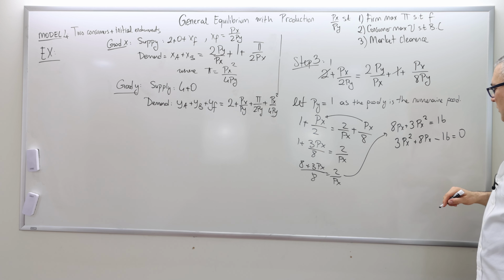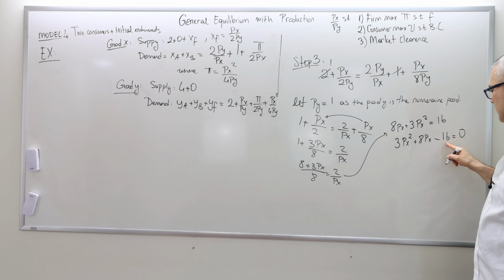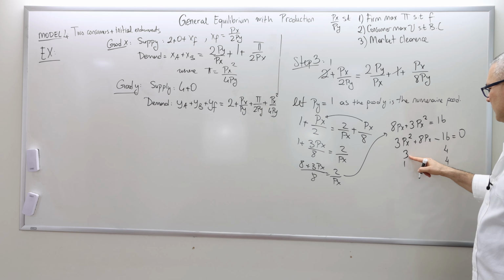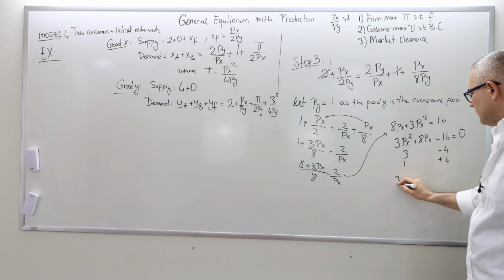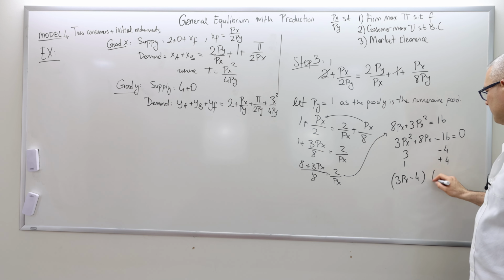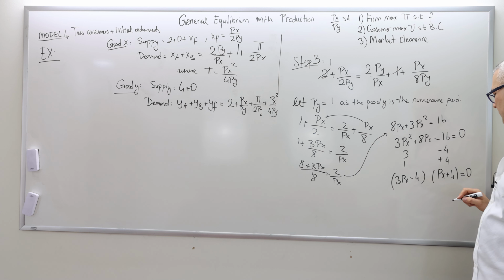So, you know what? Well, the roots are 4 and 4, right? One of them is minus, 3 and 1. So I think this is minus, this is plus. So this is 3 times 4, 12, minus 4, 8. So therefore, this thing is equal to (3PX minus 4) times (PX plus 4) equals 0.